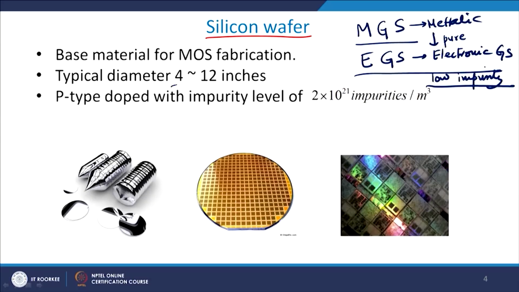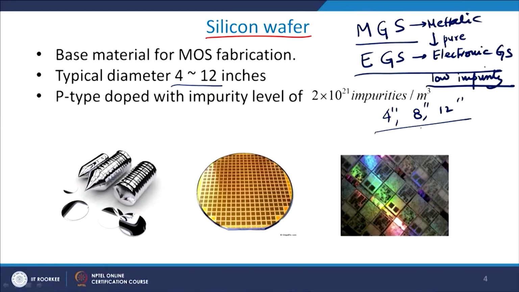We typically have diameters of 4, 8 and 12 inches. These are fixed. You cannot have more than these diameters of silicon, because there are certain fundamental problem areas. If you go beyond this particular diameter, you will not be able to stabilize the system, and moreover there will be a large amount of defects inserted within the silicon if the diameter grows too large.